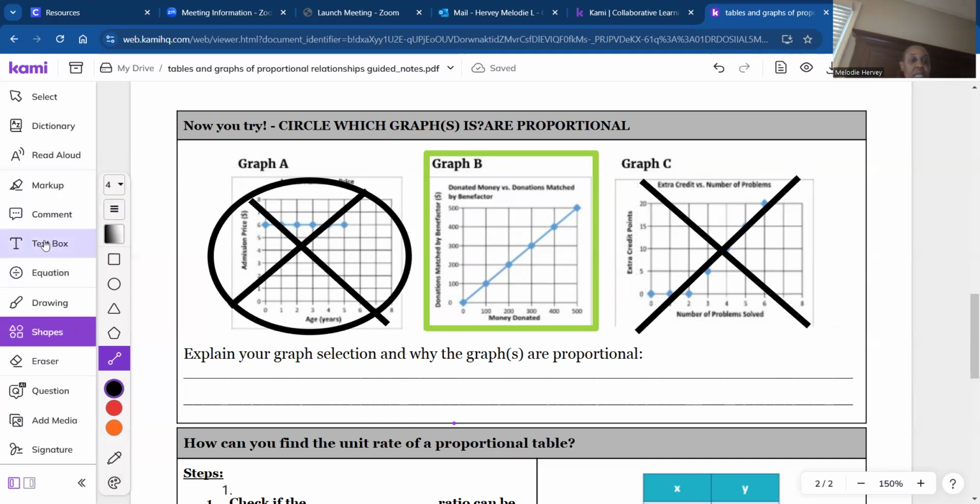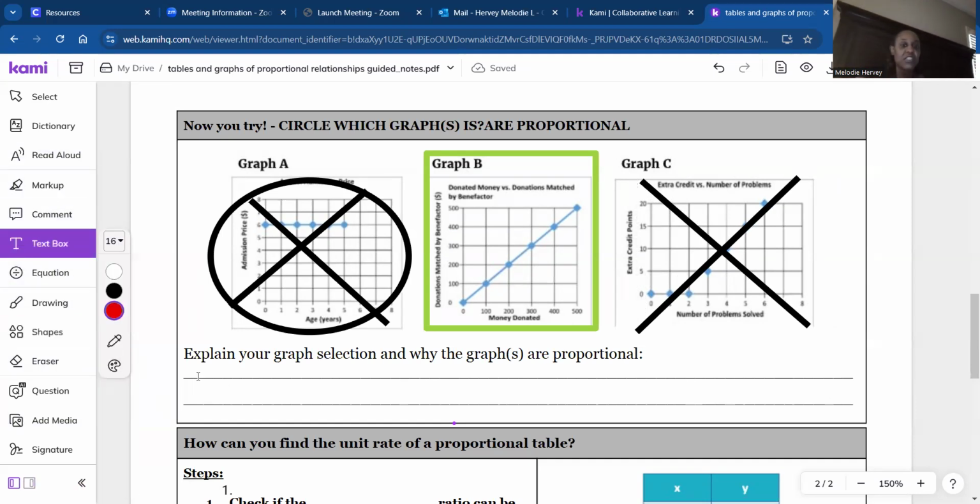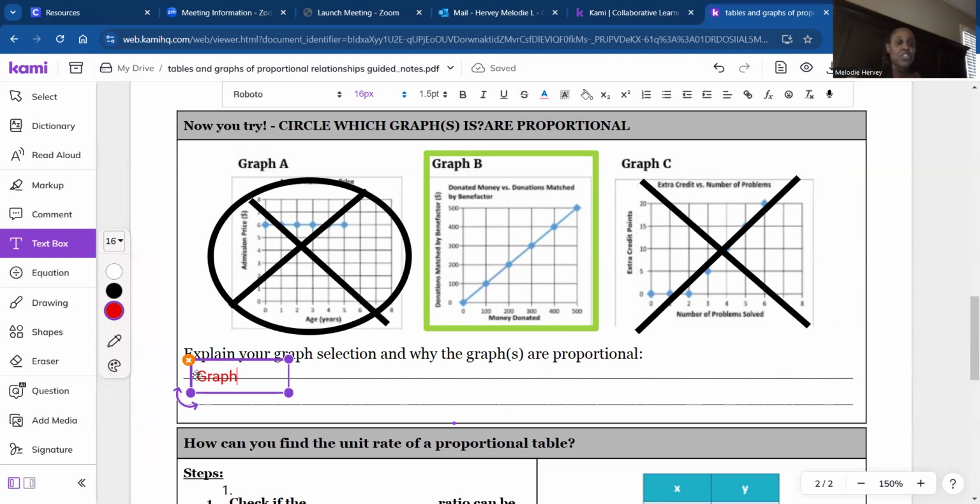Let's look at explain your graph selection and why the graphs are proportional. So we will say graph B is proportional because the graph of the line is straight and increases proportionally.